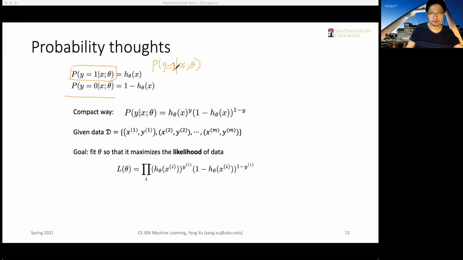Because that's how we make predictions, it's a conditional probability given the data and given the theta. What is the probability that it belongs to 1, or belongs to 0?